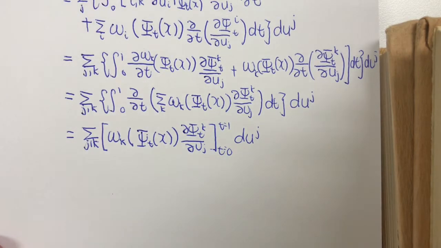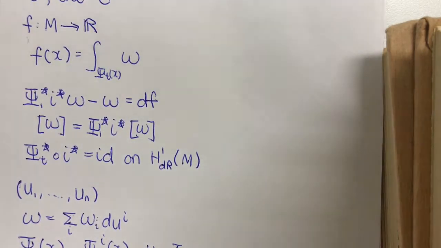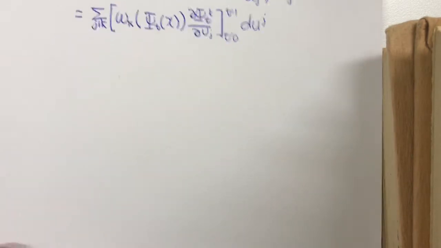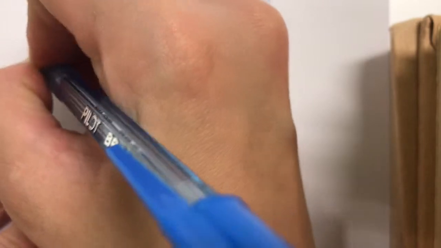And now, to prove the previous relation, which is this equation, we need to do another computation. From the inclusion map that brings psi t to M at any time t, we can then define the pullback map.